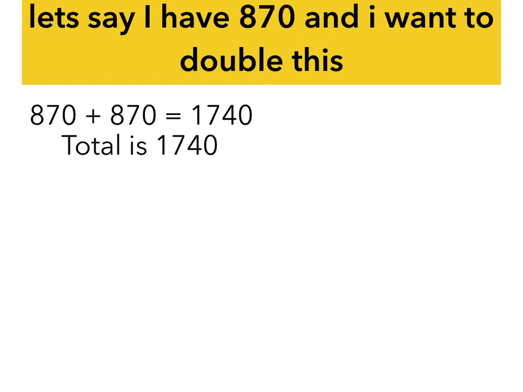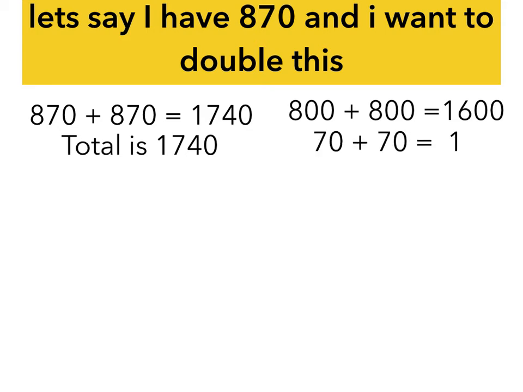Now the second trick is to split 870 into 800 plus 800, so you get 1600. Now the remaining 70 which we have taken away from 870, we do 70 plus 70 and our answer would be 140. Now when we add this together, 1600 plus 140, our total is 1740 again.